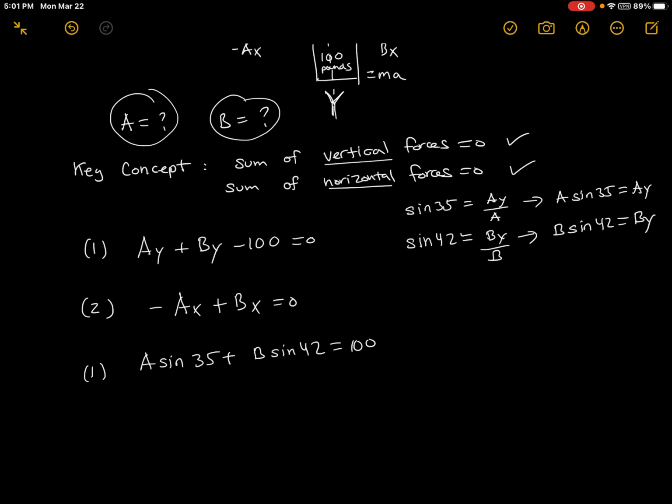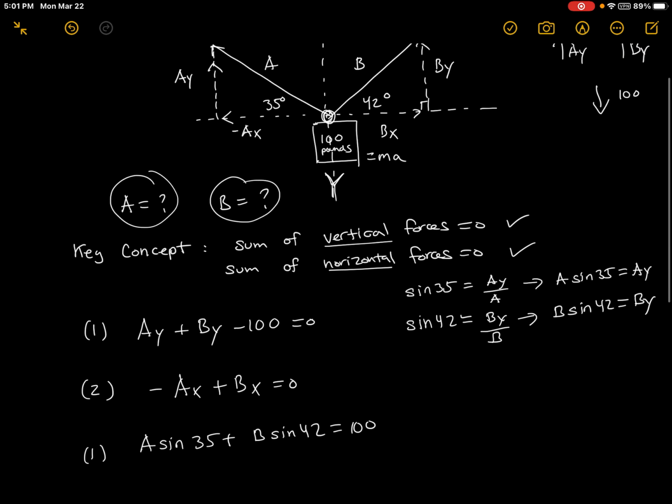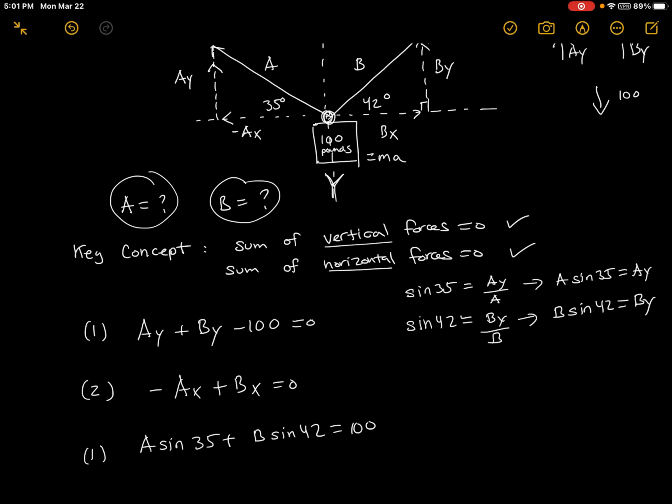How do I get A of X by itself? You can say cosine of 35 is equal to, I'm just going to use this positive A of X, adjacent over hypotenuse. So hence, A cosine 35 is equal to A of X. Oh, sorry, let me erase that.